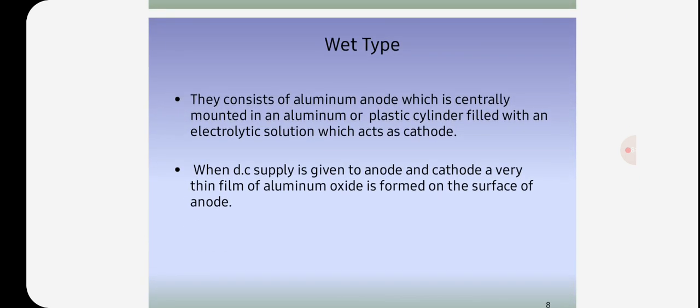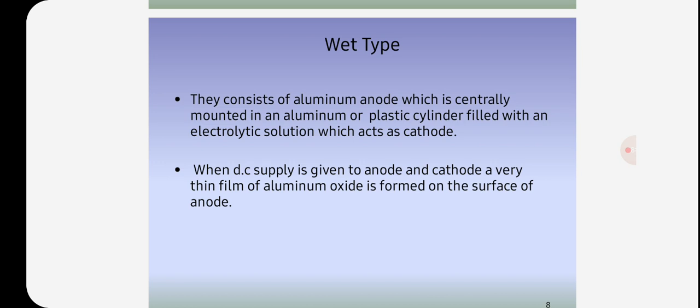Wet type capacitors consist of an aluminum anode which is centrally mounted in an aluminum or plastic cylinder filled with an electrolytic solution which acts as the cathode.